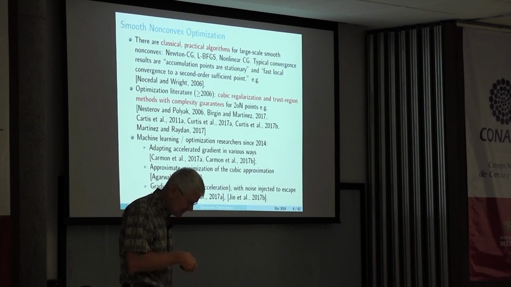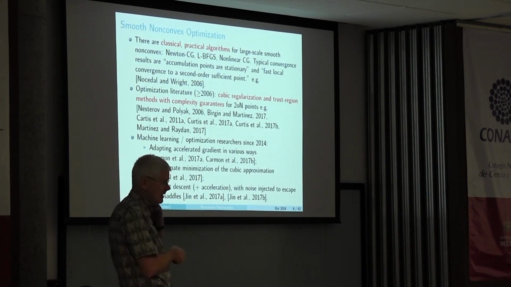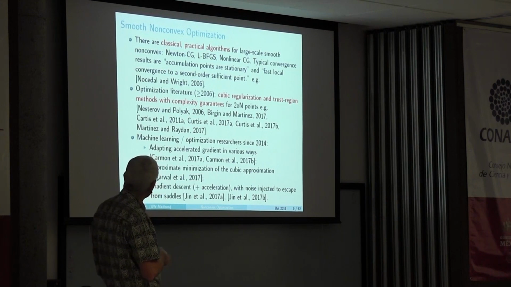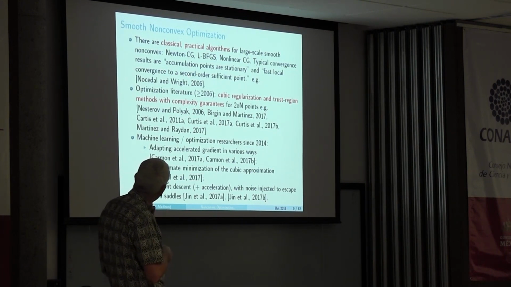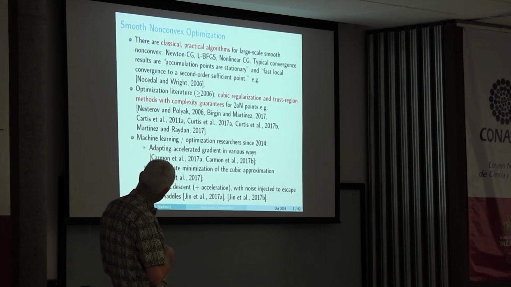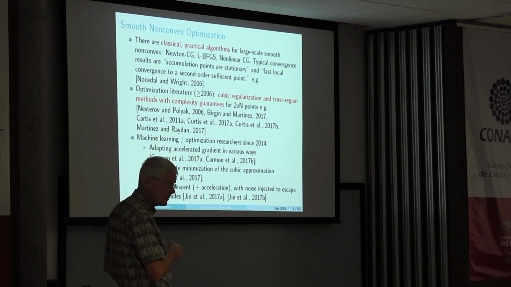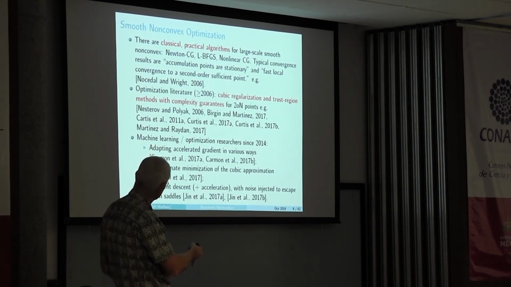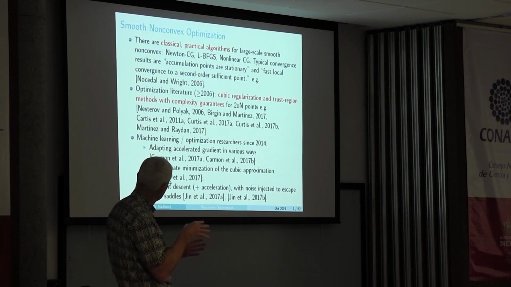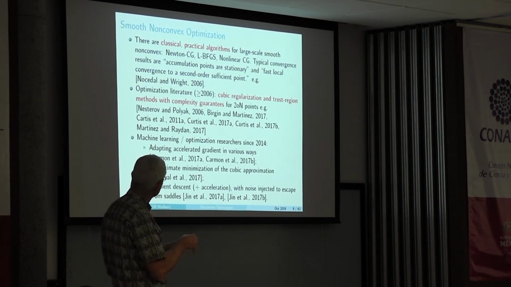Okay, this slide is very dense. I'll just skip over it because I'm going to elaborate on these issues a lot later on. But there are these classical practical methods in the literature, and they're all described in this book: Newton conjugate gradient, LBFGS, nonlinear conjugate gradient. I've already mentioned all of those. And they typically have those two kinds of results. Accumulation points are stationary points, and you get some sort of fast local convergence to a solution.